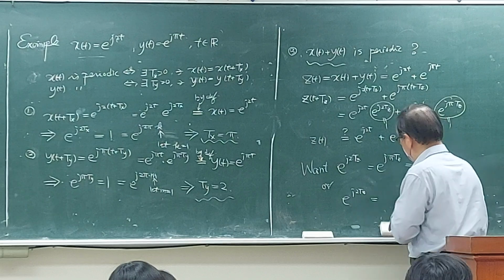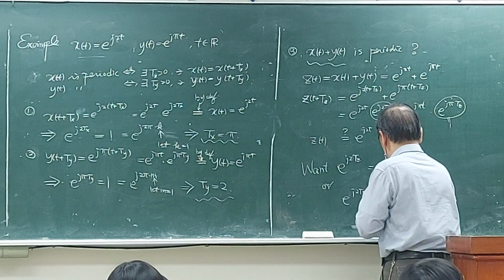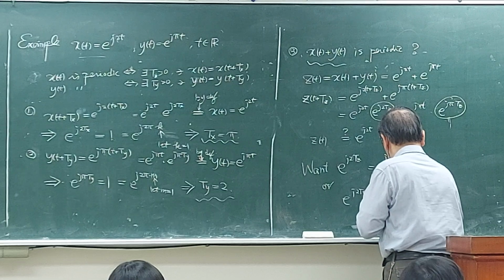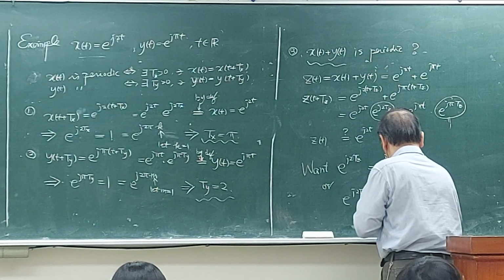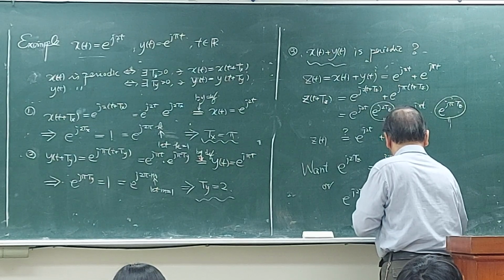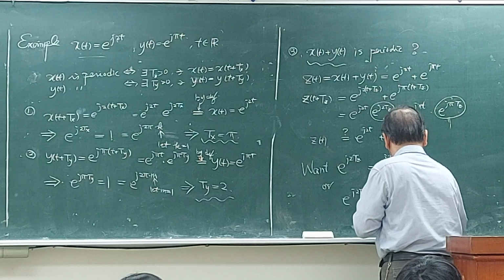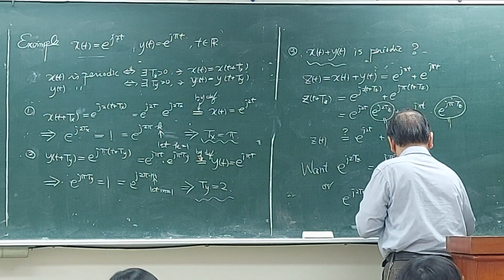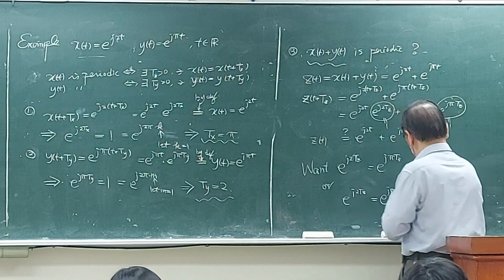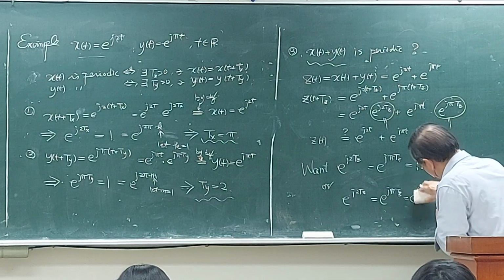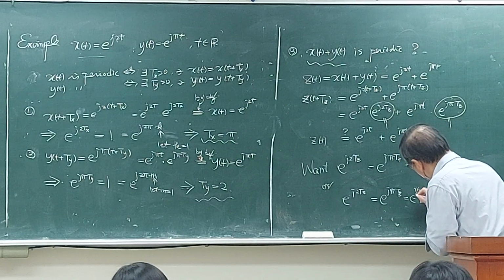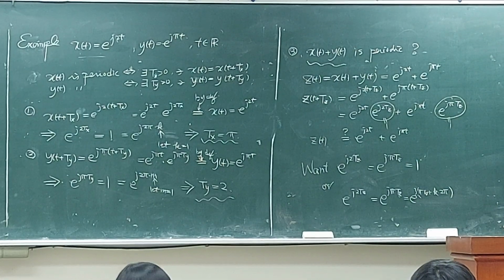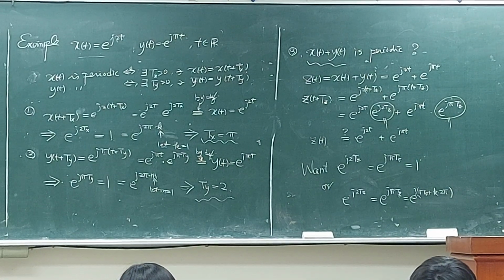Okay, let me repeat that again. J pi TZ plus K times 2 pi. Can you see that? Okay.